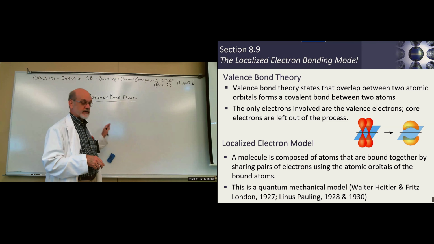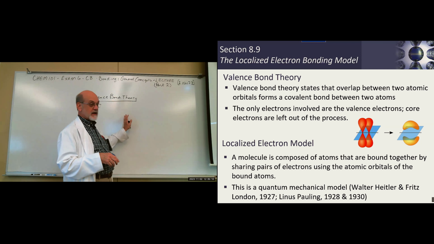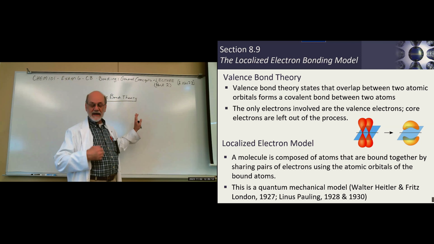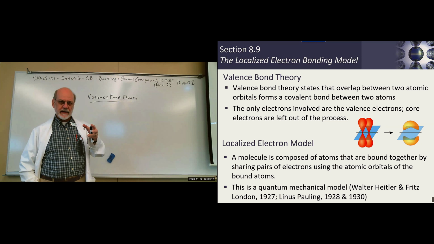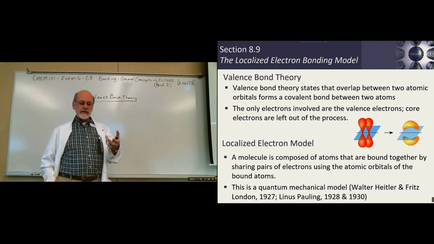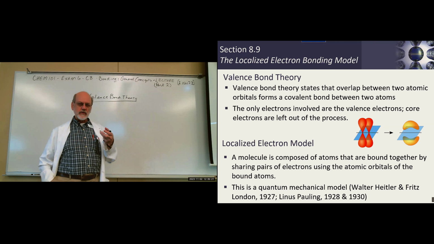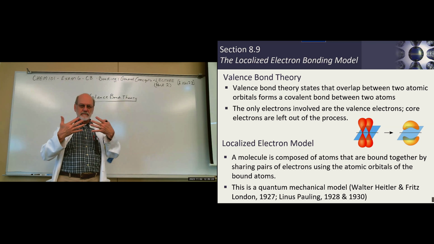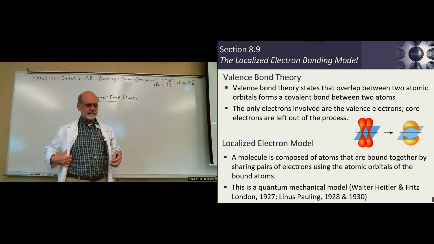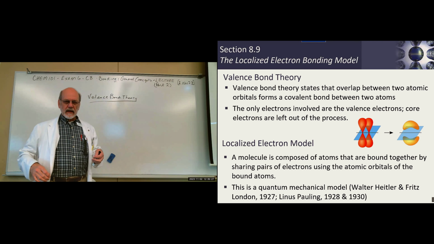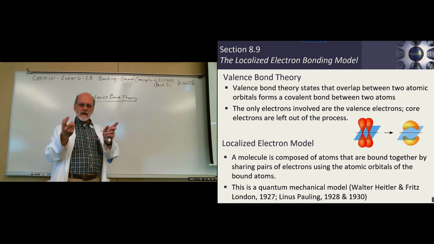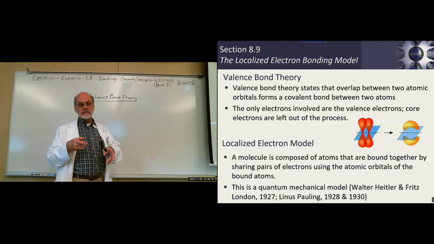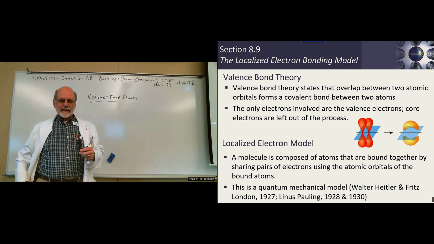And we know how to write those electronic configurations and identify which orbitals the valence electrons are in. When a bond forms, those orbitals overlap between the two atoms. They still belong to the individual atoms, but they overlap enough so that they can share electron density between the two.